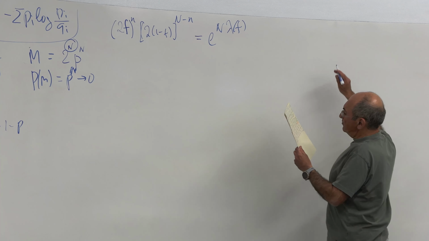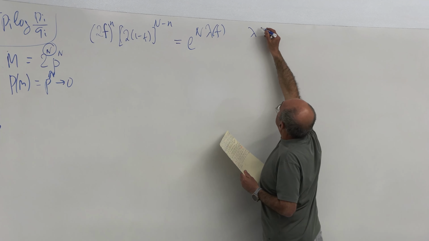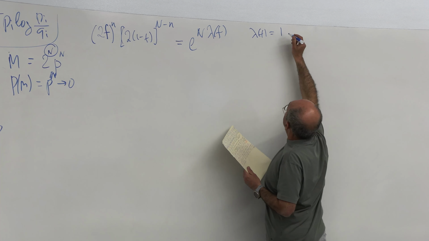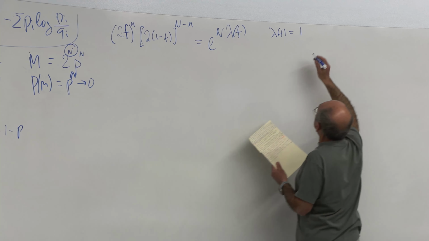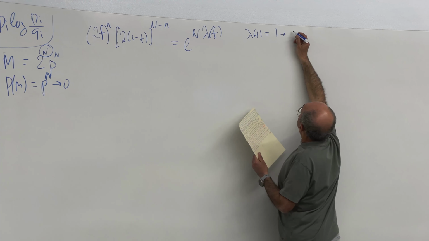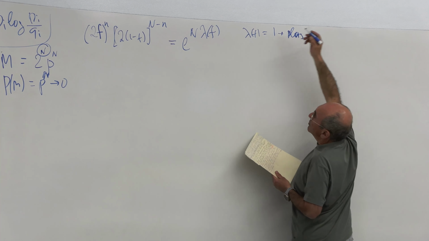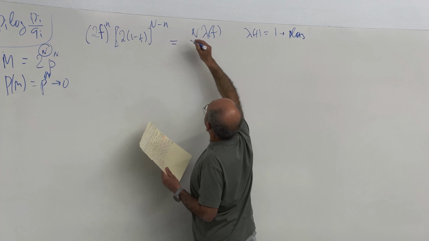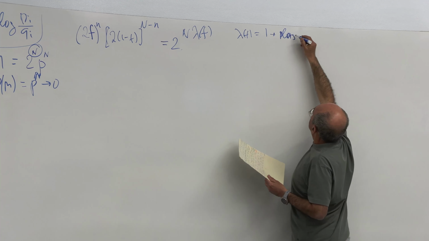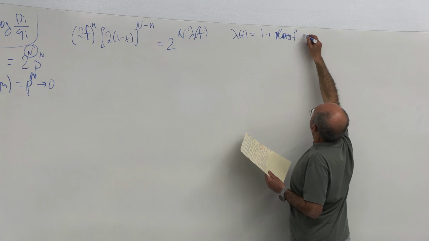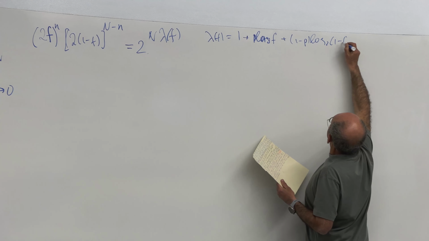Apparently this lambda as a function of f is 1, which comes out of this 2 to the power N, plus p log 2f plus (1 minus p) log 2(1 minus f). Everything is in bits, right? If we took the exponent, let me take 2.